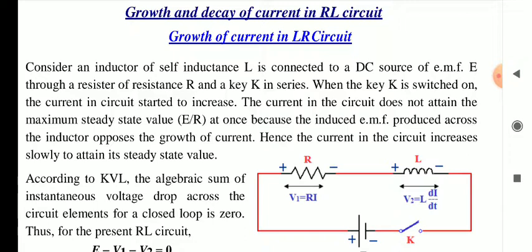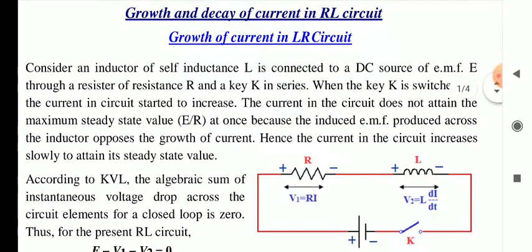It takes a finite time to reach zero. So how the current grows and how it decays in an RL circuit, and also in the case of an RC circuit, we shall discuss one by one.